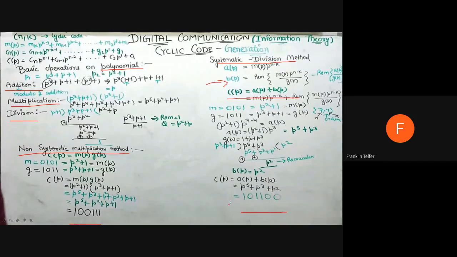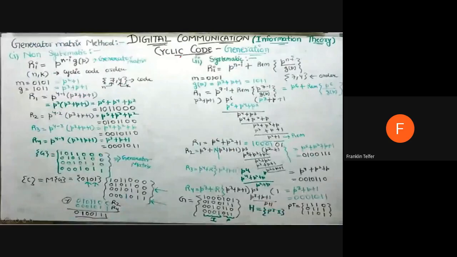So here you can see there is correction and detection happening in the code. So for the generation part, we have seen the non-systematic method and the systematic method with an example.